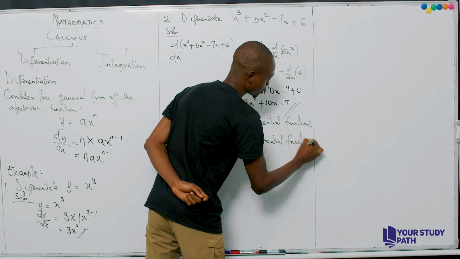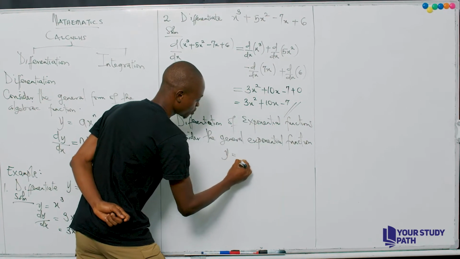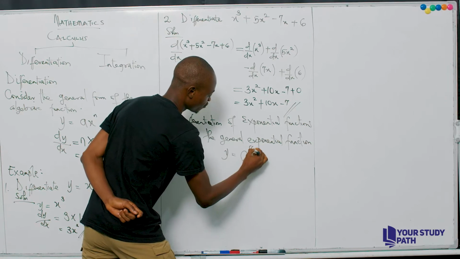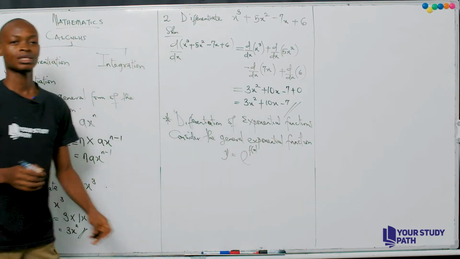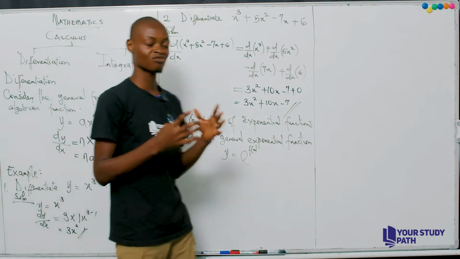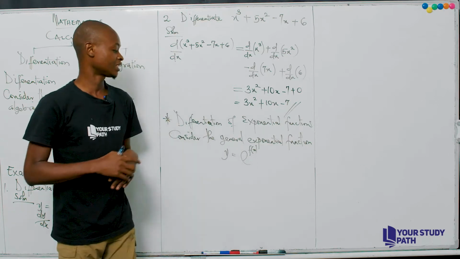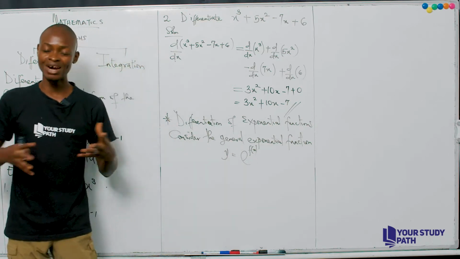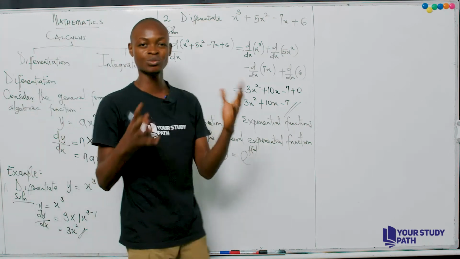y is equal to e raised to the power of f of x. This is the general exponential function. So it means that e, of course, is the reason why it's an exponential function. e is the exponent.